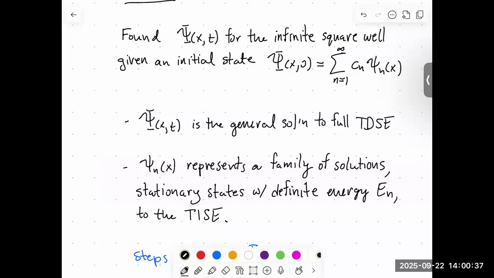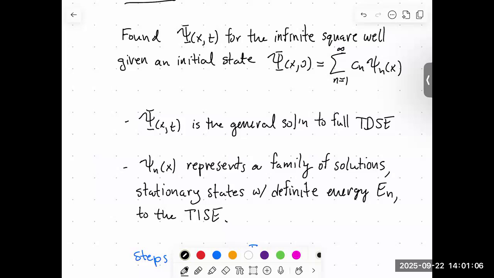What we were working on was this infinite square well, and we were given some initial state, some solution to the full time-dependent Schrodinger equation at some time t that we call t equals 0. We found that we could write it as a sum of some coefficient Cn times these so-called stationary states, which we got from the time-independent Schrodinger equation.